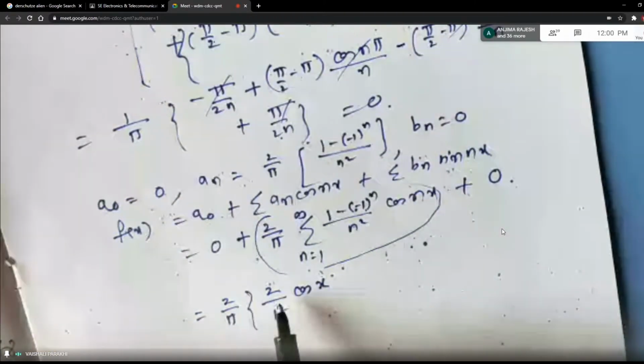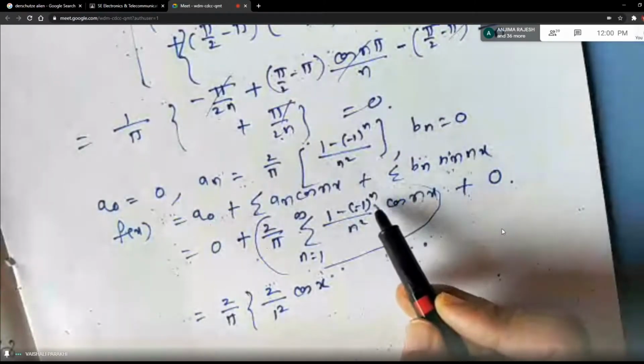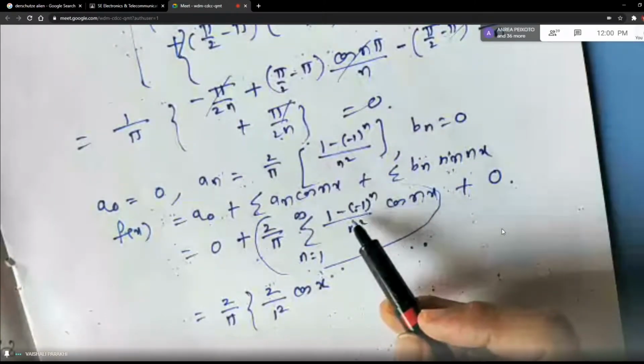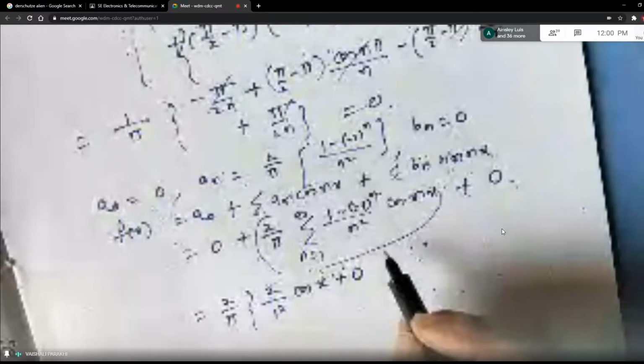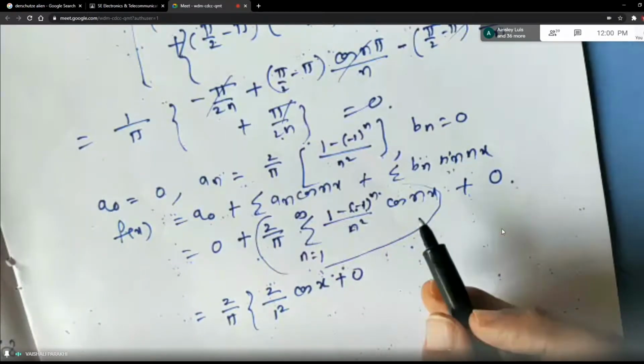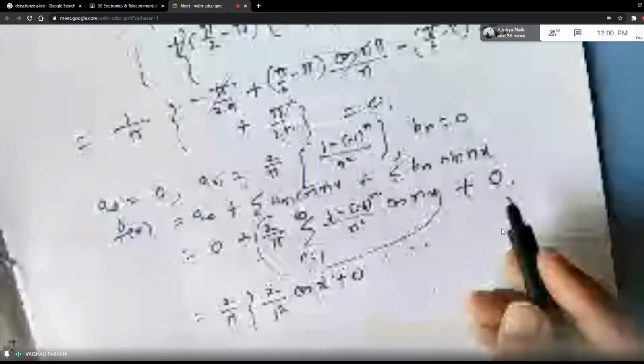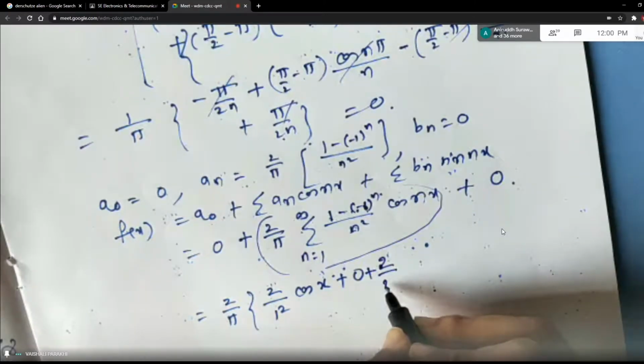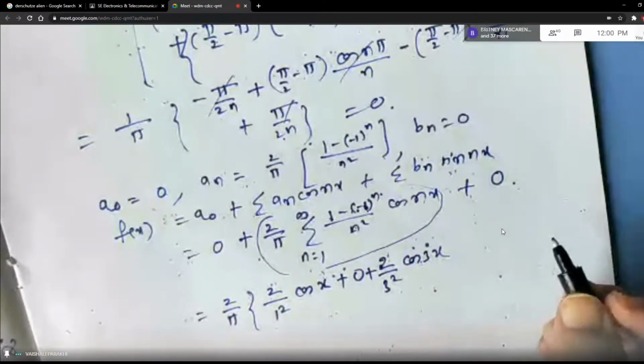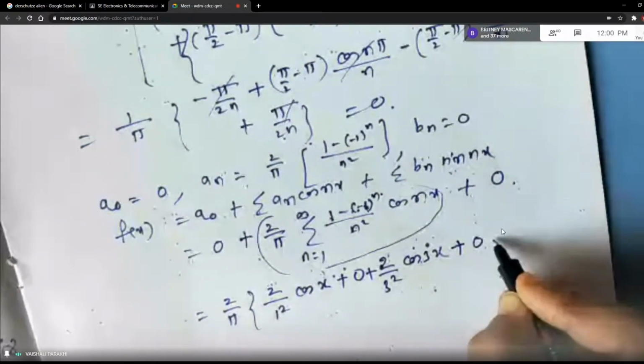So back to this, we are putting the values of n here, students, right? So all of you understood why it is 2 here? Now when you put n equal to 2, as I have explained, this term will go to 0, because 1 minus 1 becomes 0. Then put n equal to 3. 1 minus of minus 1 will be 1 plus 1, so it is again 2 by 3 square cos of 3x. Then for 4 it will become 0.